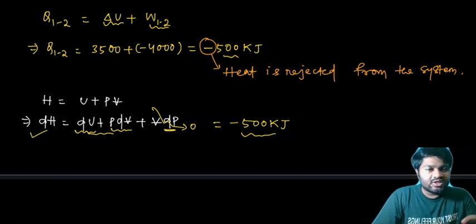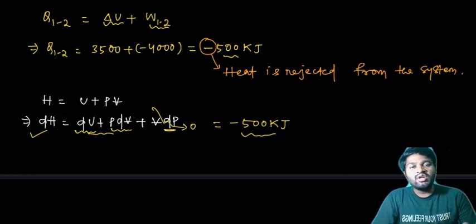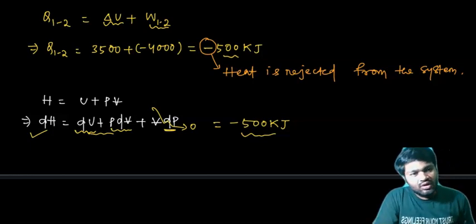So during which process can we say the heat interaction equals the change in enthalpy? During the constant pressure process, right? So we can conclude that from here. Let me write that.